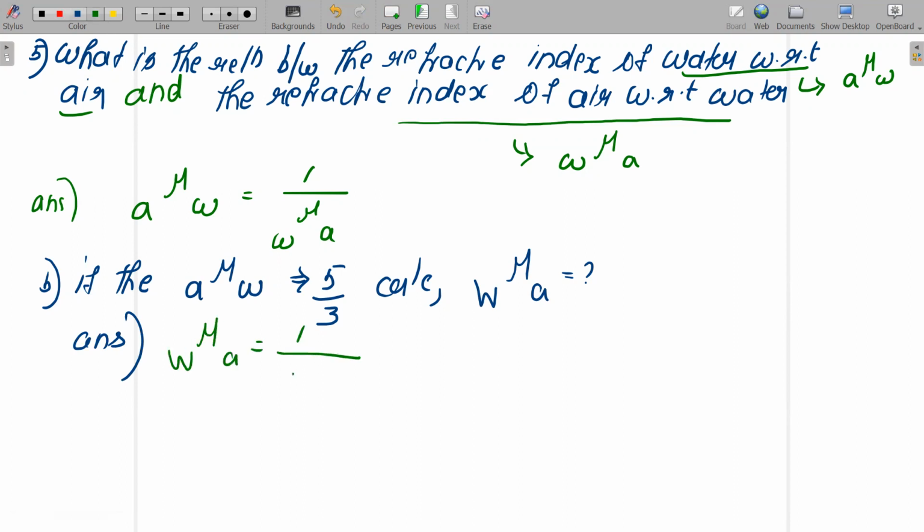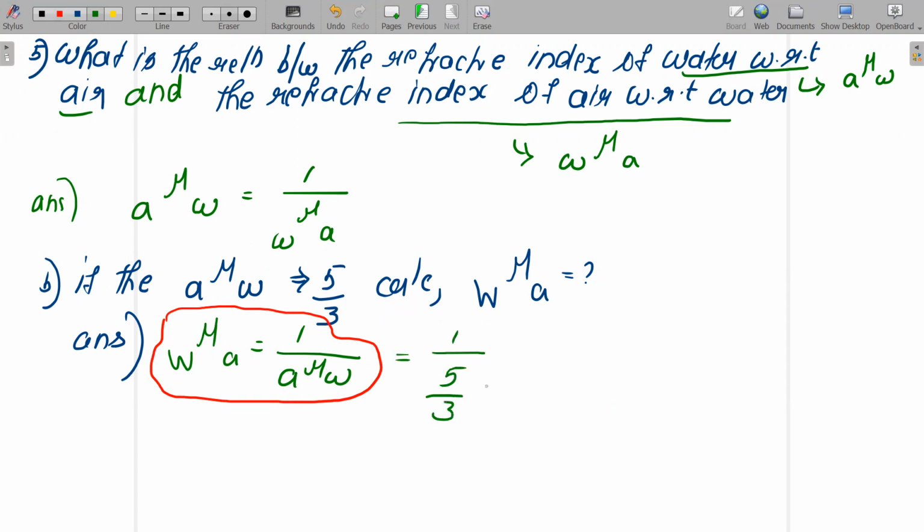It's equal to 1 by A mu W. This is a problem, all my physics students. You know it is inversely proportional, hence you directly give the answer. That is wrong. This relation is needed in physics. After that only you should give the answer, that is 1 by 5 by 3, which gives 3 by 5. W mu A is equal to 3 by 5.